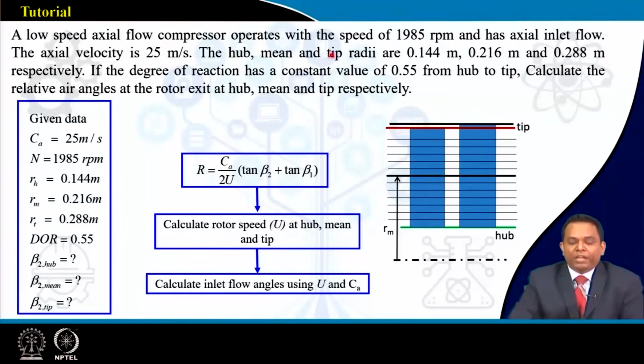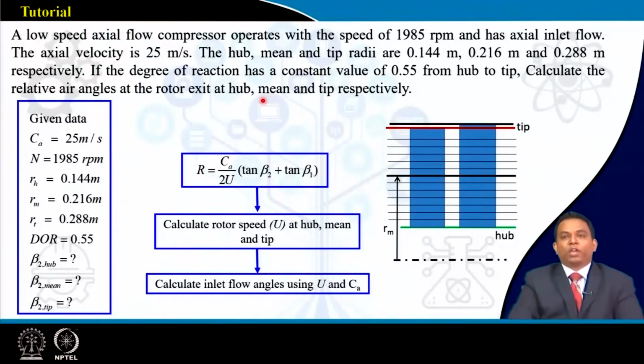The hub, mean and tip radii are 0.144 meter, 0.216 meter and 0.288 meter respectively. If the degree of reaction has a constant value of 0.55 from hub to tip, calculate the relative air angles at the rotor exit at hub, mean and tip respectively.